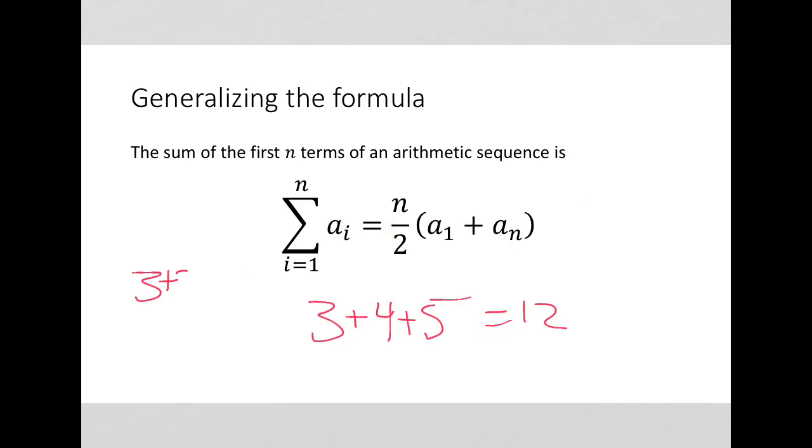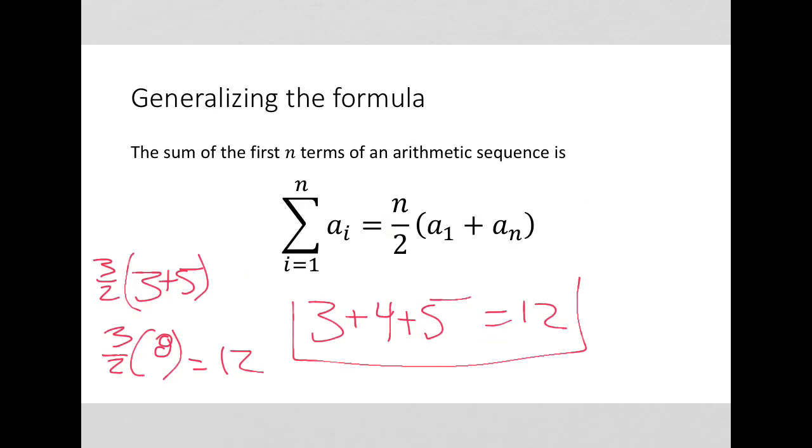So 3 plus 5, the first term plus the last term, times the number of terms divided by 2. So 3 plus 5 is 8. So we have 3 halves of 8. 8 divided by 2 is 4. 3 times 4 is 12. So again, it works. Doesn't matter if it's even, doesn't matter if it's odd, doesn't matter what your common difference is. You're always going to have that connection since these are essentially linear functions.